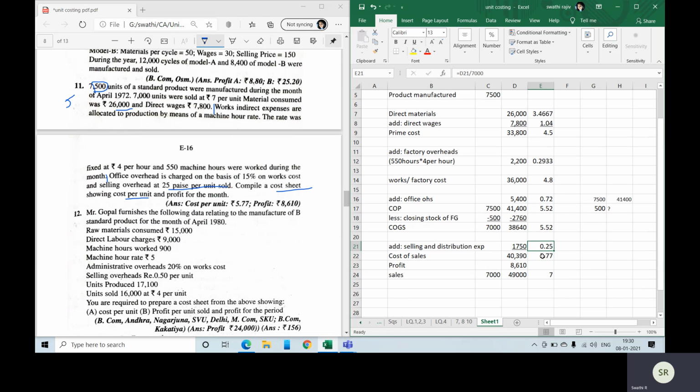And why did I not take it on 7,500 when calculating this? Because we are selling only 7,000, and hence selling and distribution will only be for the units that we have sold. So that's it, and that's what they have basically asked you to find.